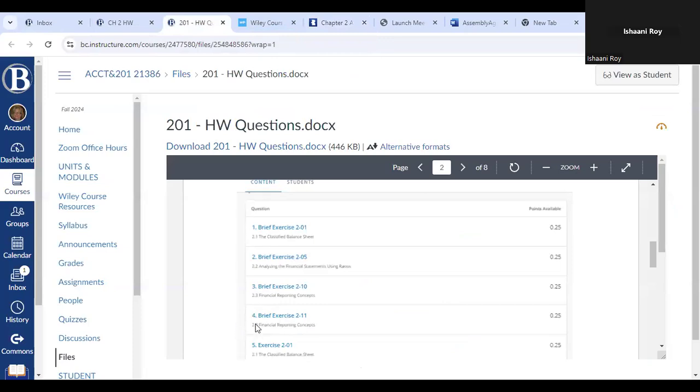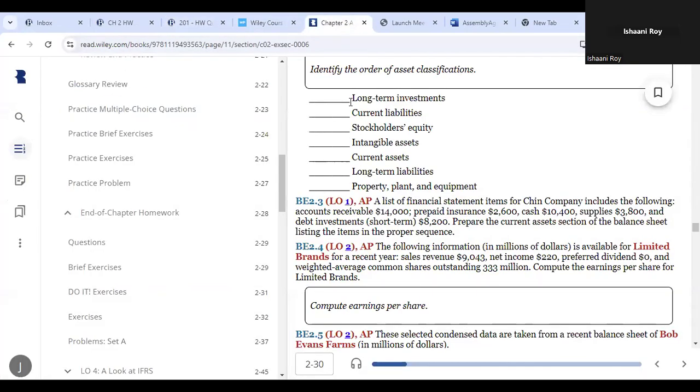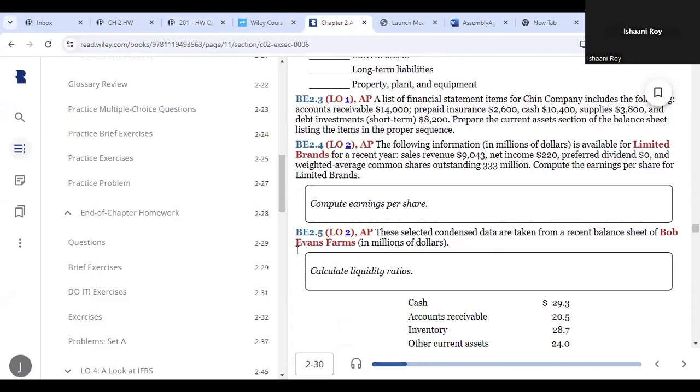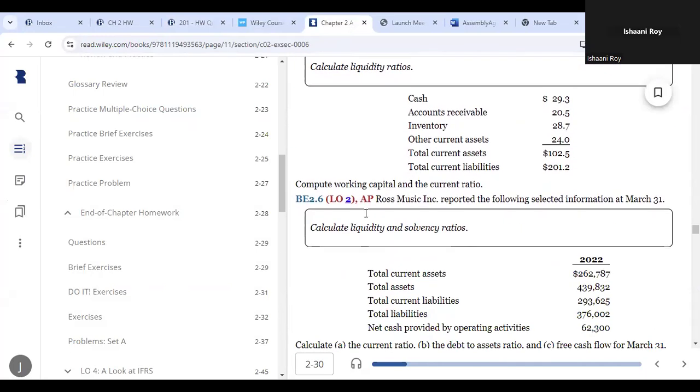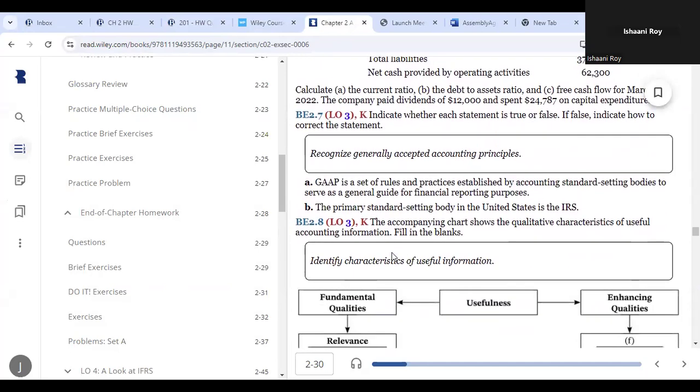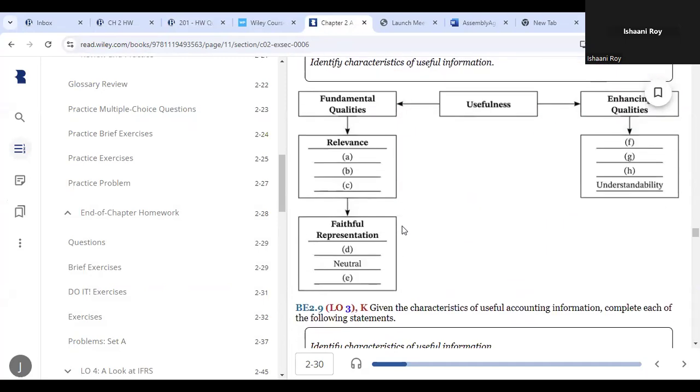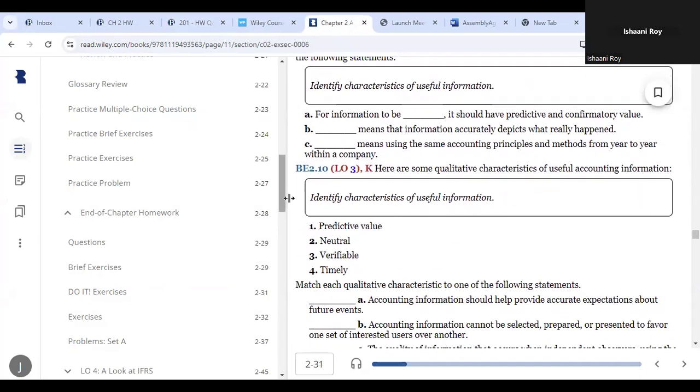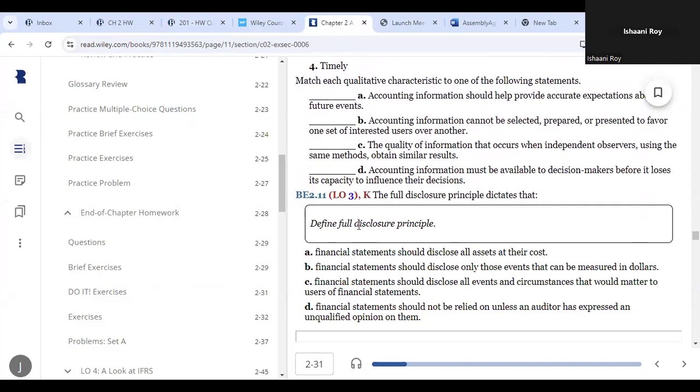Make sure if it says brief exercise, you're on the right one. 2-5, 2-6. Let's see, the next one is 2-5, 2-10, 2-11. So you can just look at them ahead of time and start working on them.